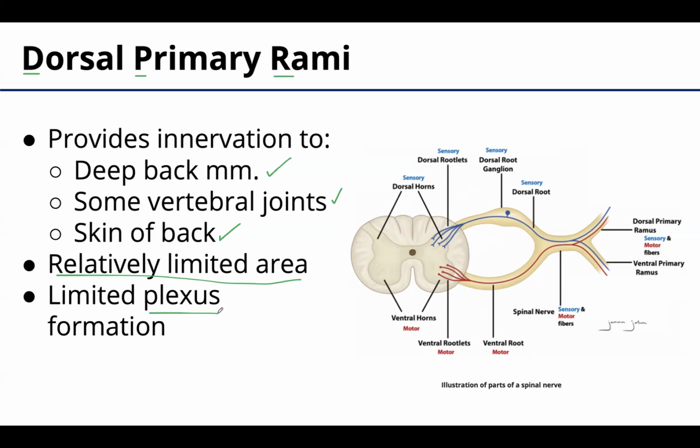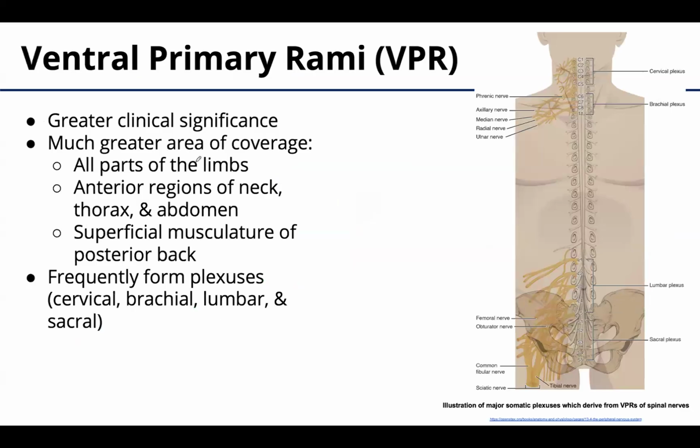So I wanted to mention the DPR, but again, it's really the ventral primary rami, or the VPR, that are where it's at. We will be talking about VPRs all year as they are more clinically significant due to coverage. Most of the named nerves we will discuss this year that are not cranial nerves are derived from ventral primary rami.